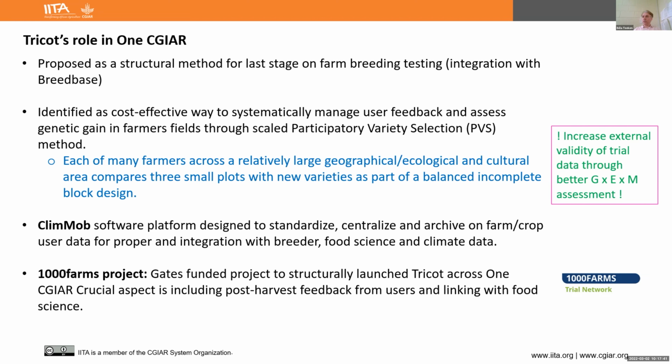And ClimMob is identified as the software, as I have already been stating. And then there's this 1000 Minds project that is recently funded that will streamline all these data collection and also standardize the data collection among tricot farmers. And we are working on constant feedback to this ClimMob platform on how to improve the analysis.